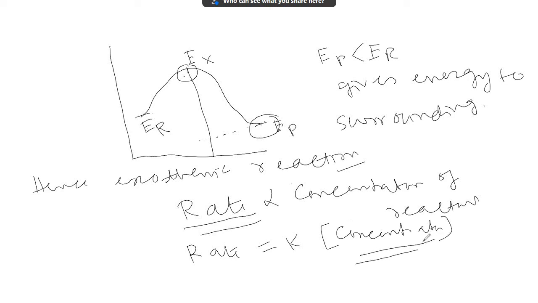If I increase concentration, more will be the collisions, more molecules pass the threshold energy, more will be the rate of the reaction. So with increase in concentration, the rate of the reaction increases. In case of gas, with increase in pressure, because there are more molecules in the gaseous system, more will be the collisions between them, more the chance of passing the energy barrier, faster will be the reaction.